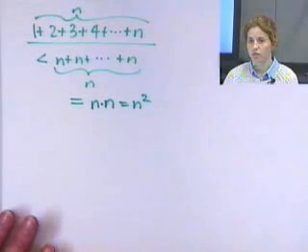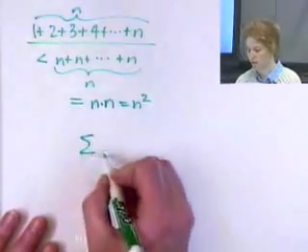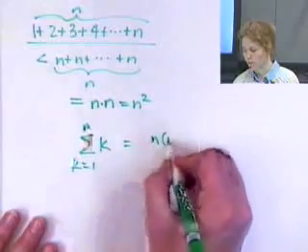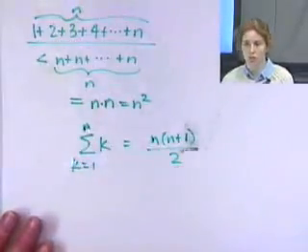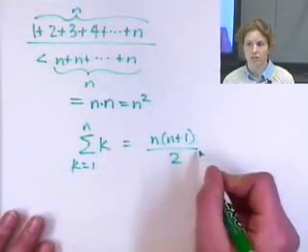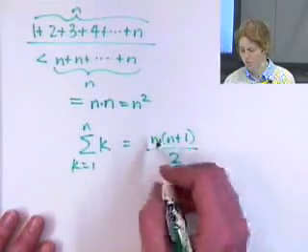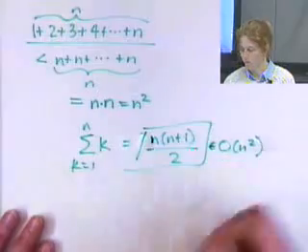So when you're using sums, can you use the formulas we derived before? Yes, you could use the formulas. So I actually could have said this is a summation k equals 1 up to n of k, that's equal to n times n plus 1 over 2. Big O of this is what? N squared. So yes, you can use your formulas if you have a formula for it. This is in big O of n squared.